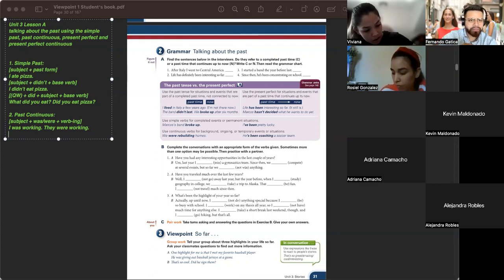In negative form, it'll be subject plus wasn't or weren't plus the verb ing.